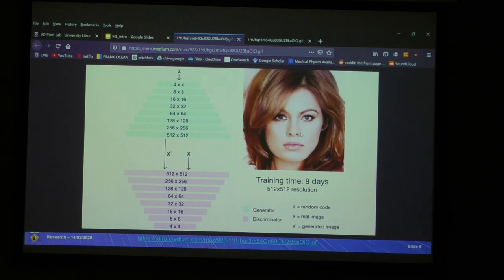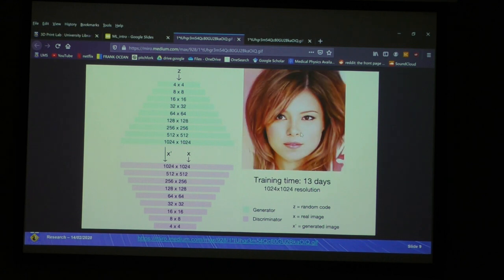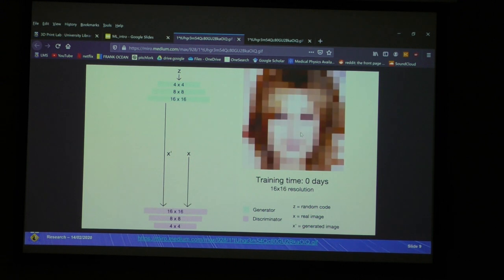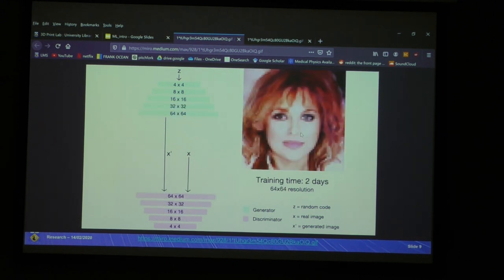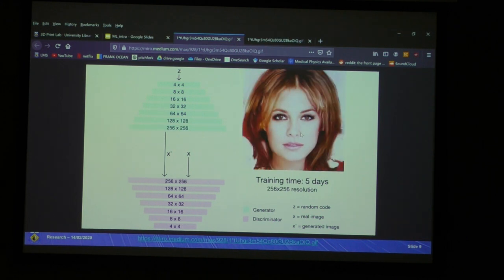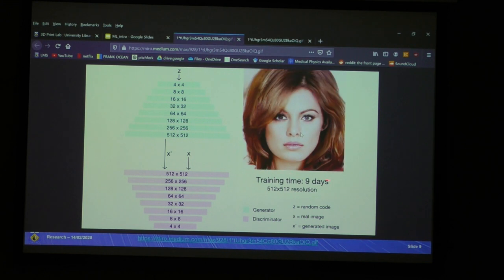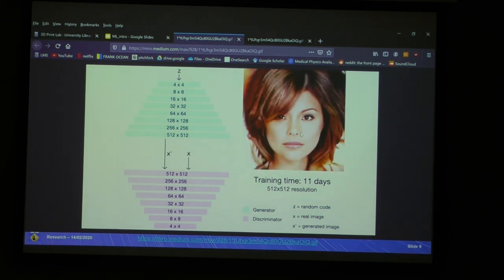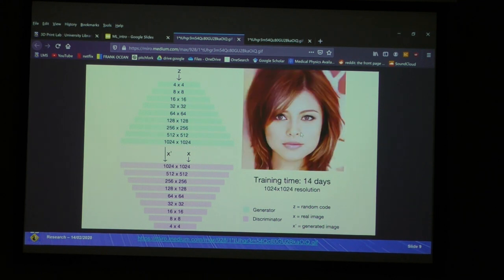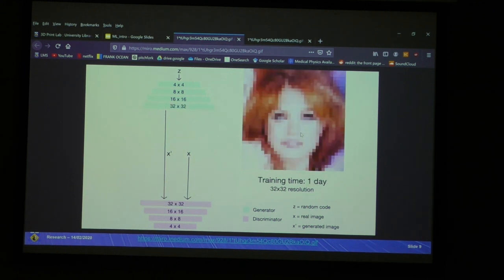What this diagram is showing is they initially started with very low resolution, low pixel images to learn the basic features which are required to create a realistic image. They then built these networks up to learn more and more complicated feature maps to eventually create quite realistic results, as you can see on the right here. This type of building up of a network is very efficient in creating quite a complex network in a short amount of time.